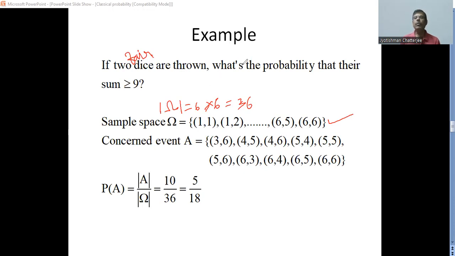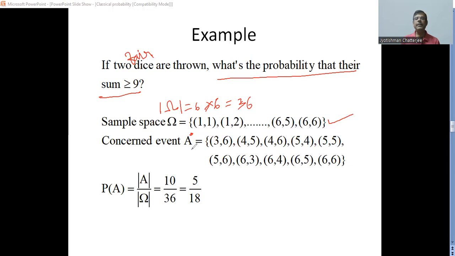We are trying to find out what is the probability that their sum is greater than or equal to 9. That's what we intend to do. So let's designate the event A to be this event, when the sum is greater than or equal to 9.